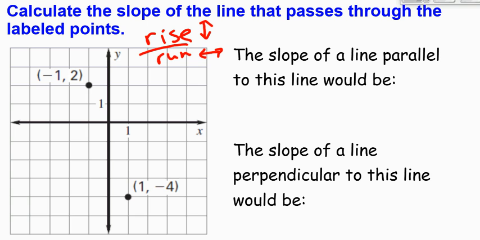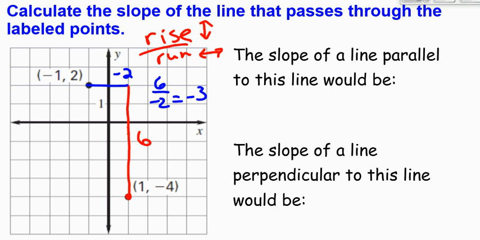So I'm going to start here and go up 1, 2, 3, 4, 5, 6. So I have a vertical change of 6, and then I have a horizontal change of -2, so my slope is 6/-2, which is -3.